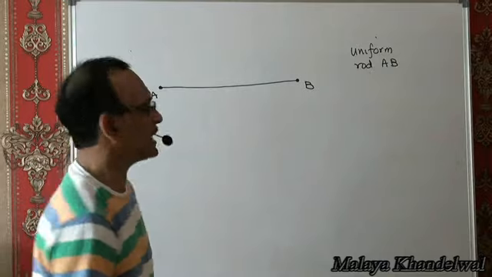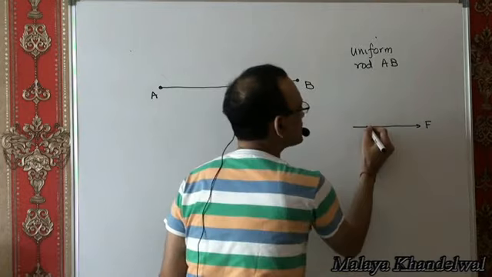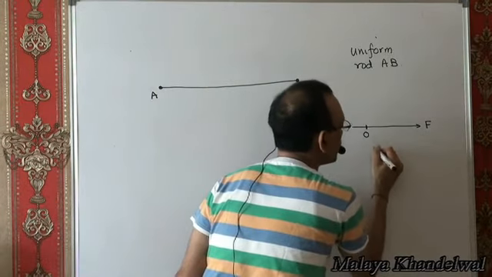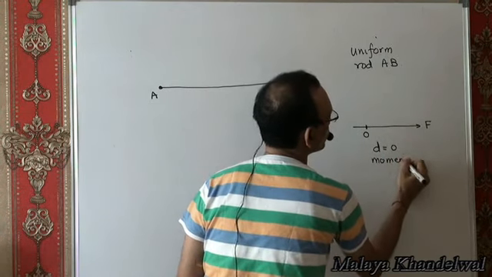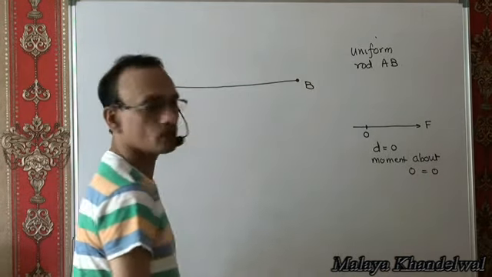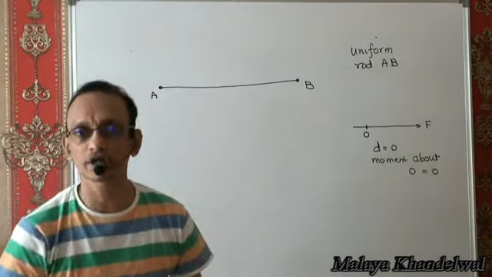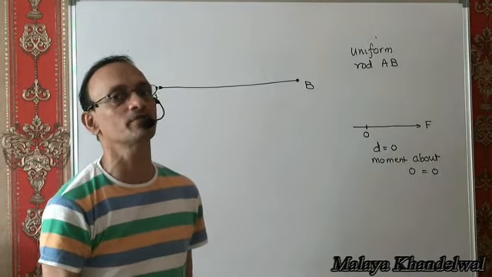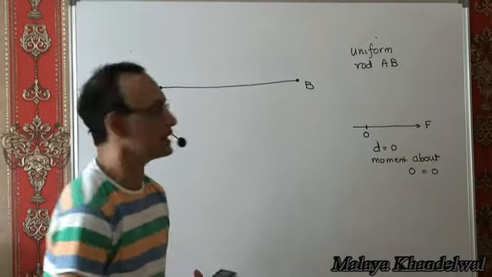One more thing you must understand: if a force F has a line of action that passes through a point O, then the perpendicular distance of O from F must be 0 and the moment about O must be 0. That means if a force passes through a certain point, it will produce no turning effect about that point. We will use this fact again and again.